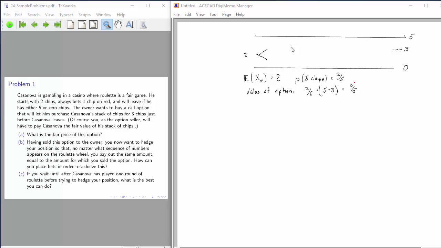Okay, so you've sold this option to the owner, and you are now feeling a bit uncertain. You say, I collected 4/5 from the owner by selling this, and I'd like to arrange things so that I'm going to pay out 4/5 no matter what Casanova does.